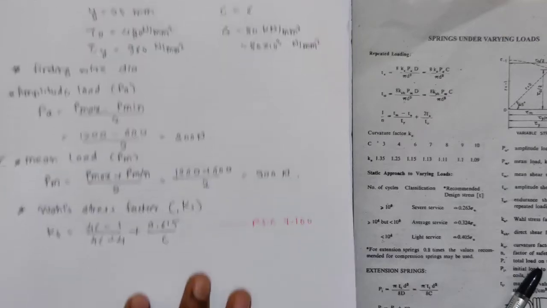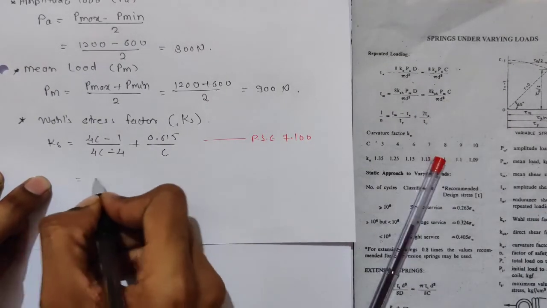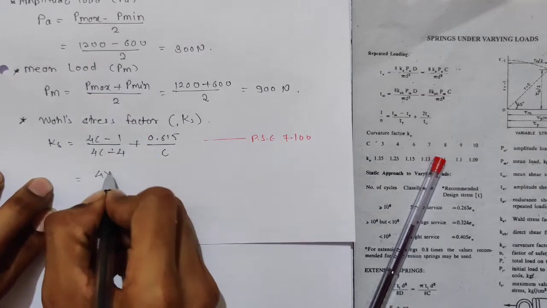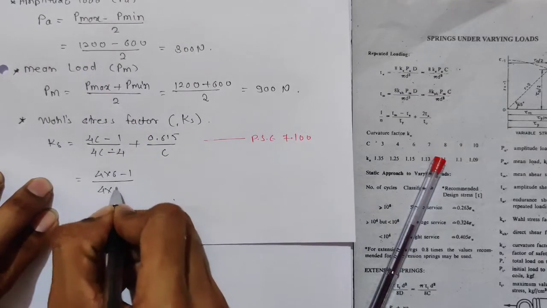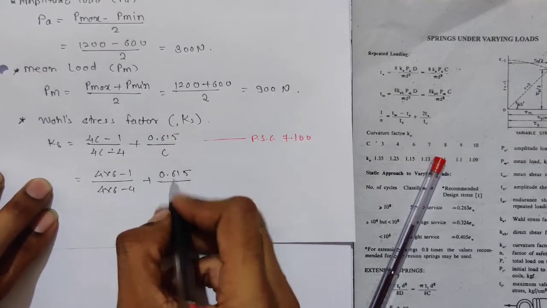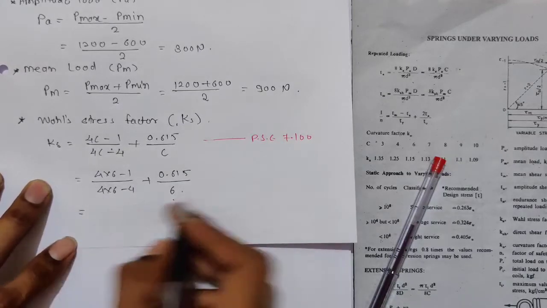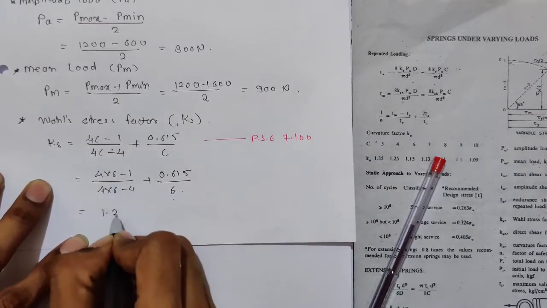So let's find it. C is given as 6, so 4 into 6 minus 1 upon 4 into 6 minus 4 plus 0.615 upon 6. After calculation you will get the value 1.2525.